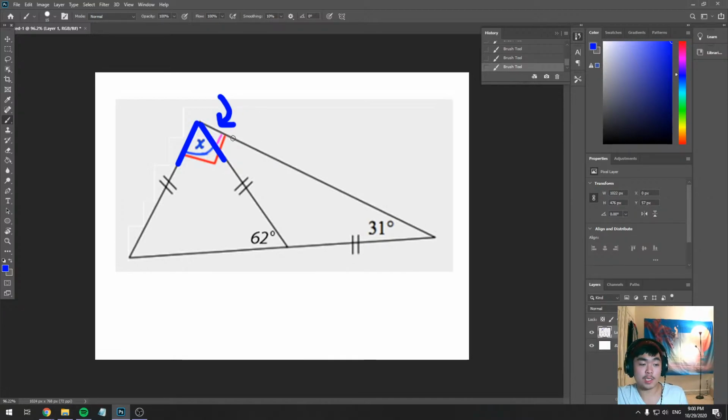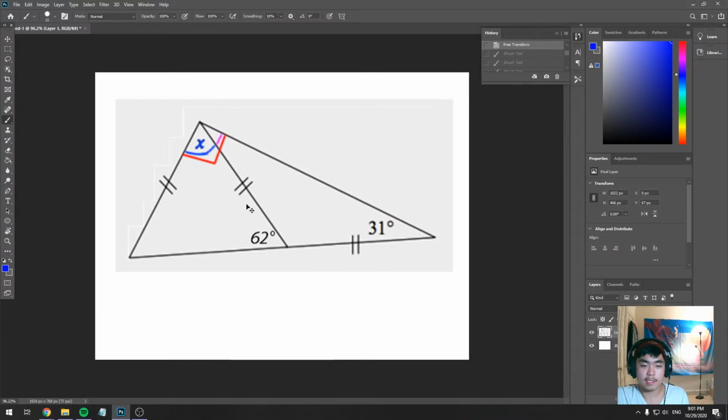Then I said, how do I solve for purple? I just need to know this, because they form a triangle, and I can solve for purple using the triangle equation. And then I said, how do I solve for this? Well, this is supplemental to 62. And then I just worked my way backwards. All right.